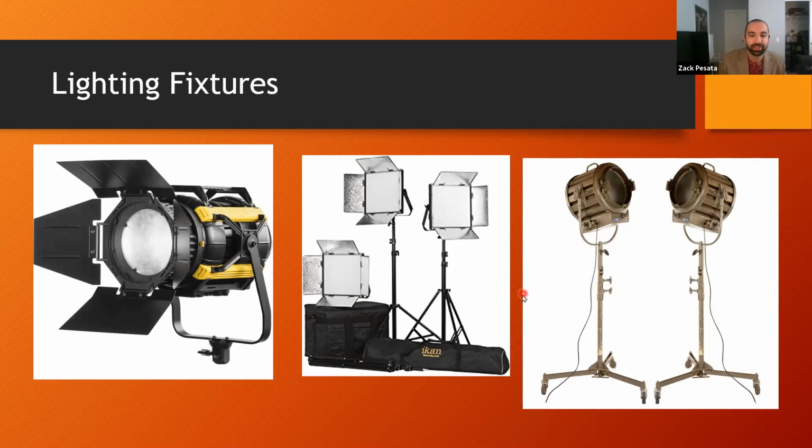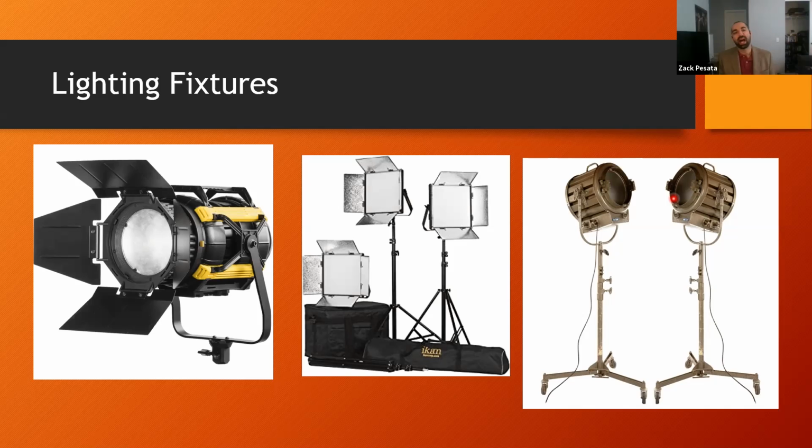So we have different light sources here. A couple of things I want to focus on: most lighting now is done with LED lights. Here we have an LED panel, but back in the day, they used lights kind of like this. These are tungsten lights, which have fixed color temperatures.